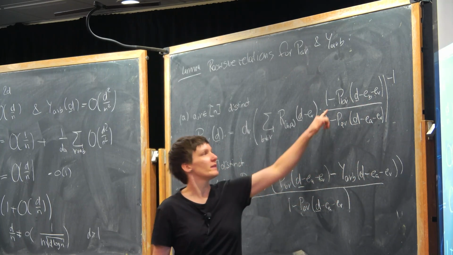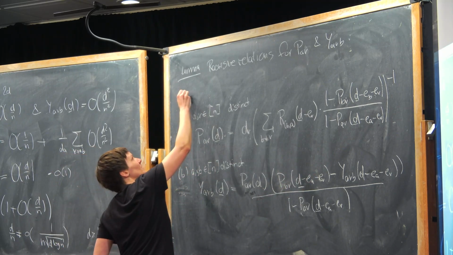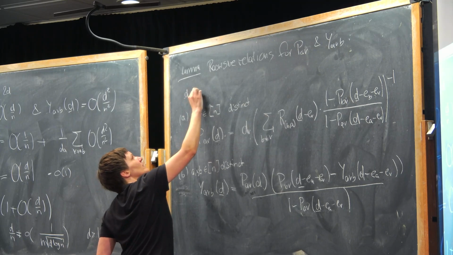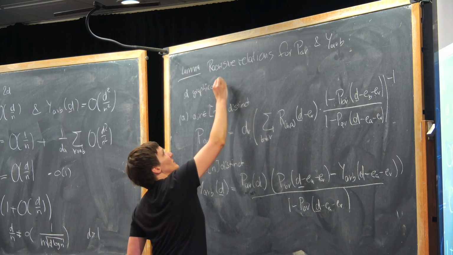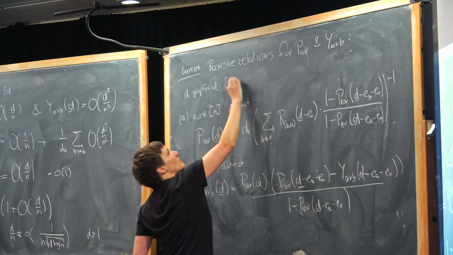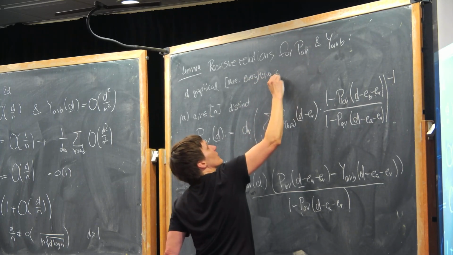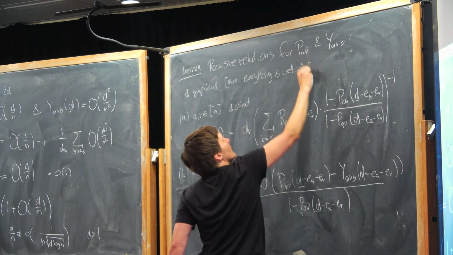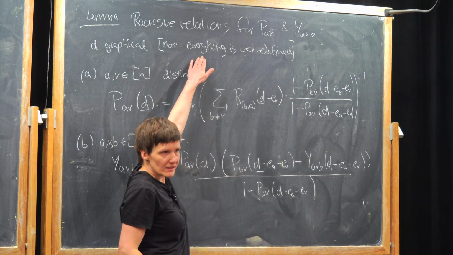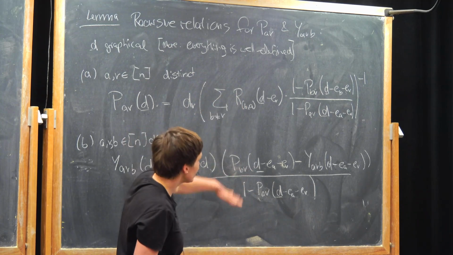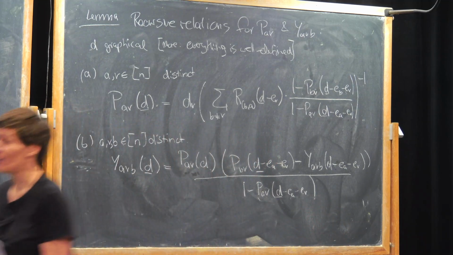And I don't want that the denominator is 0. So the least you need is that D is graphical, and then some more that just make sure everything is well defined. Okay, but I do not want to worry about boundary cases at this point. We will show these recursions, just assuming that I always talk about non-empty sets for now.